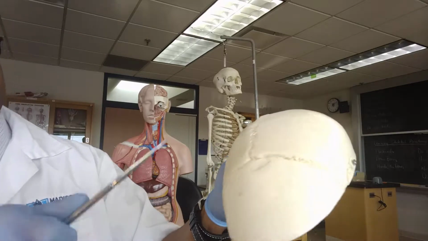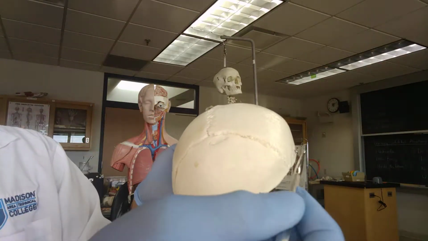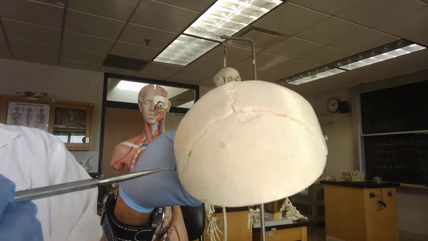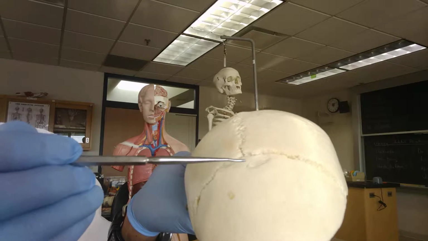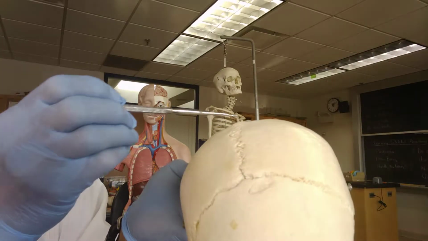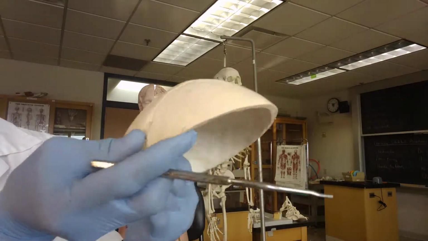We have the coronal suture, which runs across on the front from right to left or from left to right, doesn't matter. And then we have the sagittal suture, which runs from front to back in the midline.